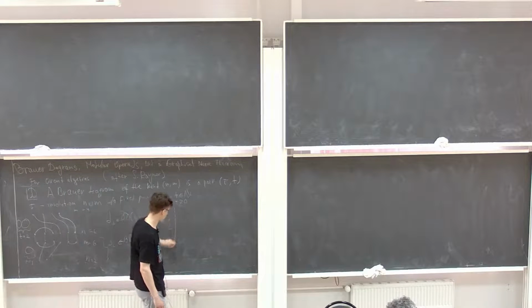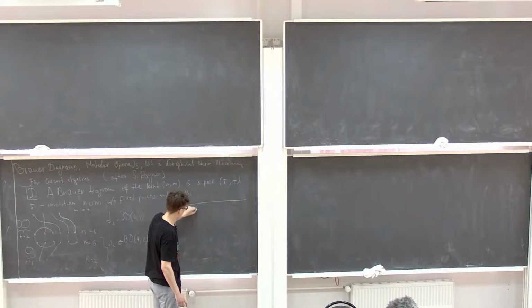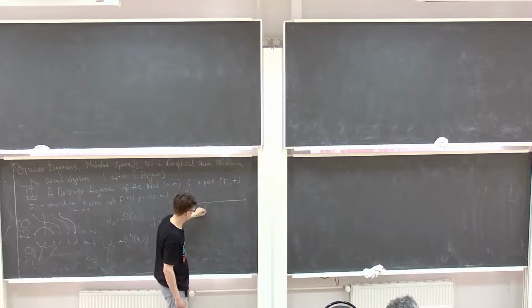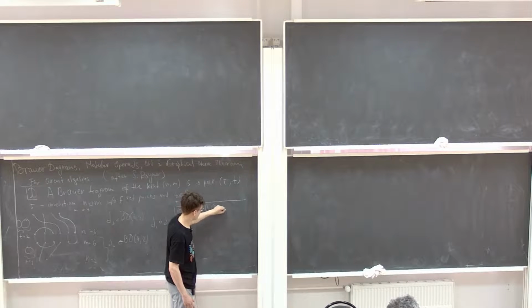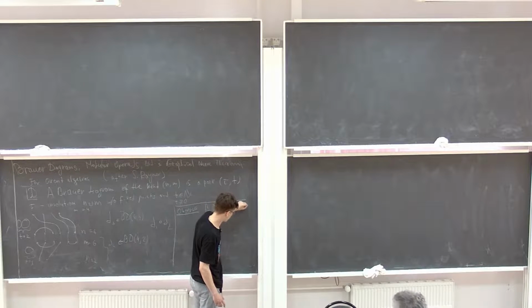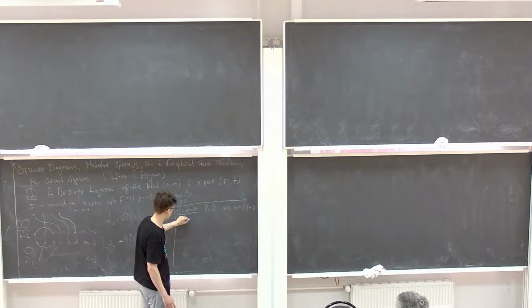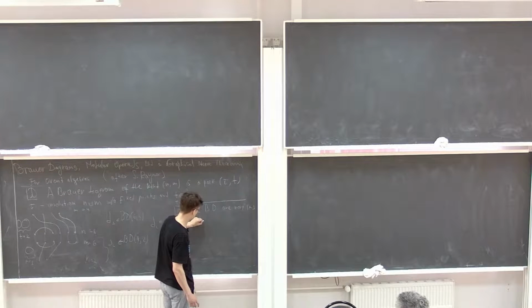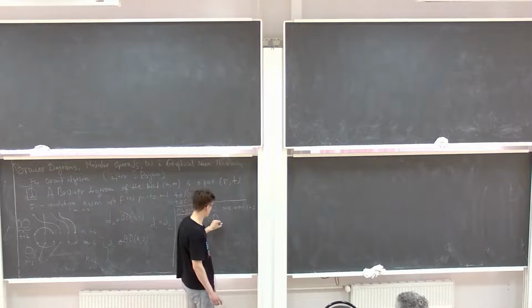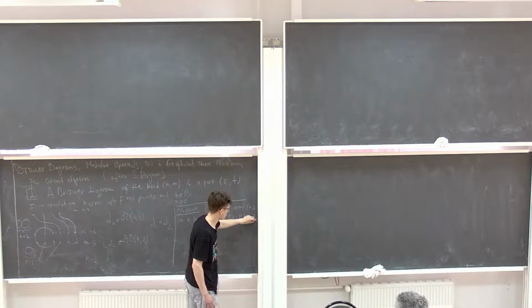So we may observe that Brauer diagrams are morphisms in a category which we denote by BD, and the objects of this category are just natural numbers, also maybe 0.